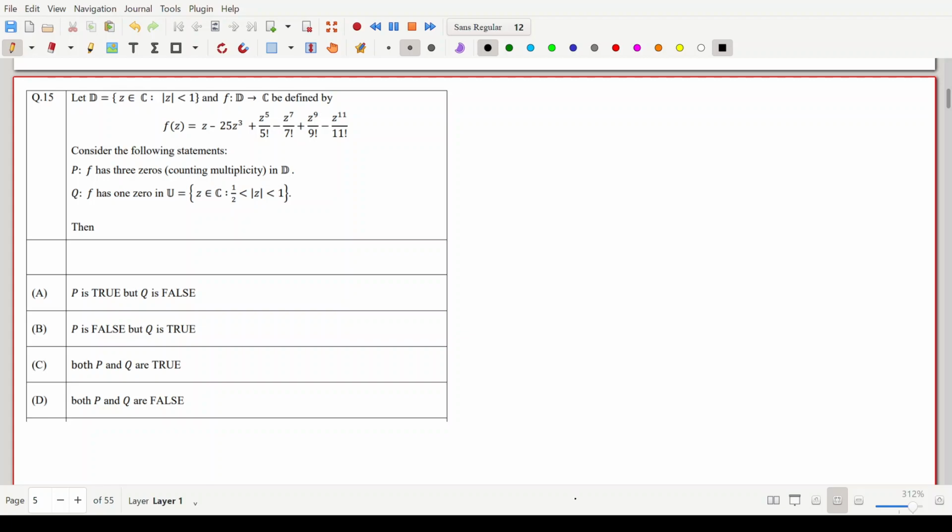So we have to just recall the Rouche theorem. What is Rouche's theorem? Suppose you're having two functions, say f of z and g of z. You're having two polynomials, and you are having one more condition, that the modulus of f of z plus g of z is less than or equal to mod of g of z.